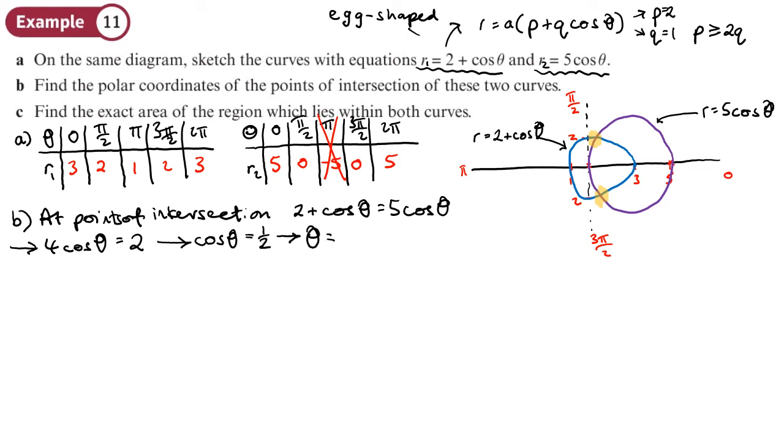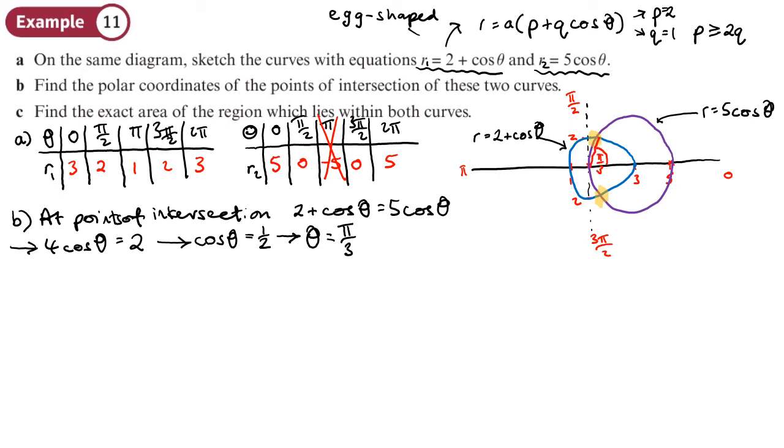Now that will give me a value of theta. So if I do cos inverse, let's go back to the calculator again. Cos inverse of a half, should know this one, is pi over 3. Okay, now what that gives me is, try and draw this on, it gives me this one here.